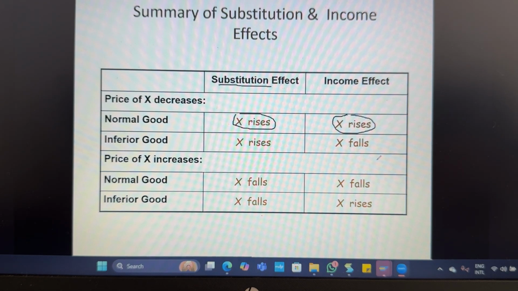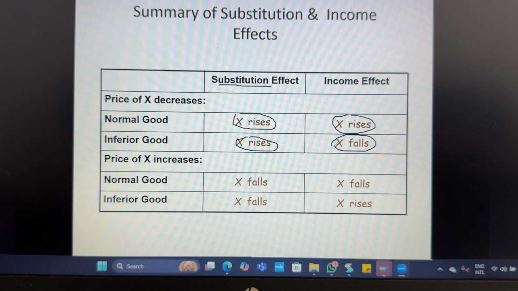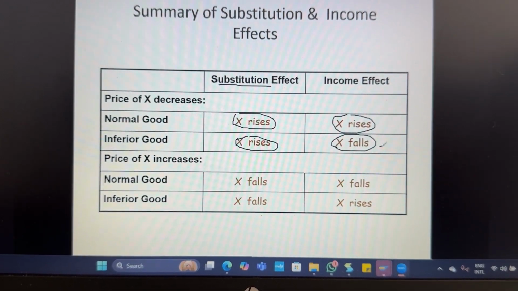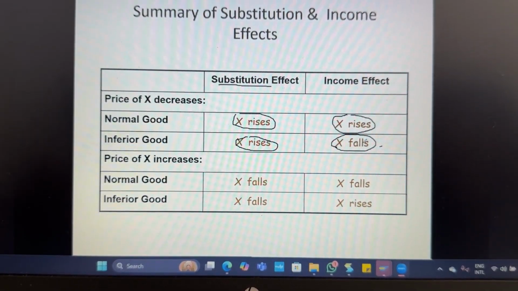If it is an inferior good, what can you say about the substitution effect? Still rises. I told you, irrespective of the type of commodity, the substitution effect is always positive. Then in the inferior good case, what is the income effect? Negative. That means the demand for X falls by some amount.